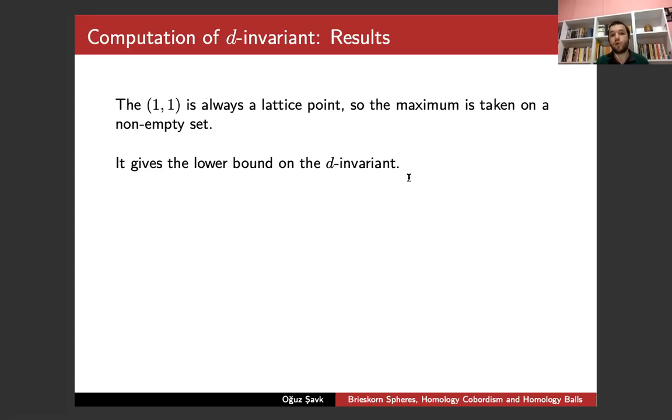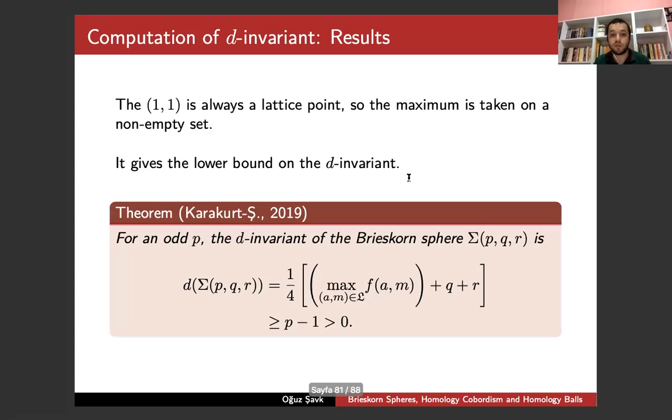Also, these lattice points give a lower bound on the d invariant of such Brieskorn spheres. Actually, that is again our main theorem. For an odd p, this is the d invariant. We don't get a closed formula for this case, but at least we know that the d invariant is greater or equal to p minus 1, which is a non-zero integer.